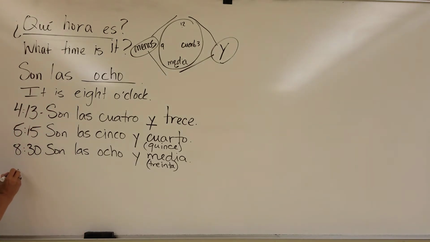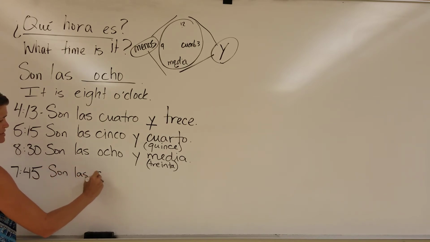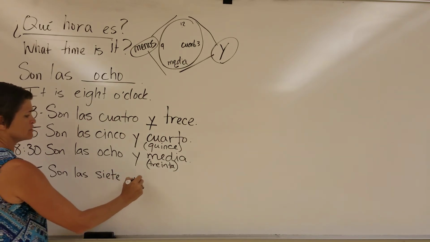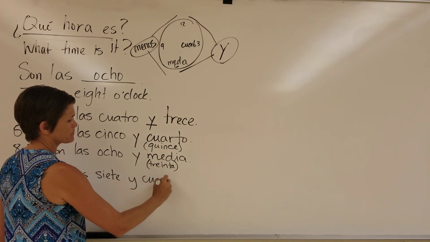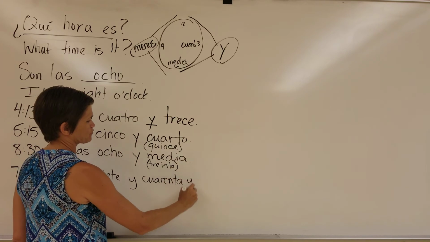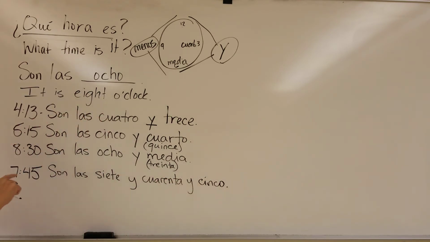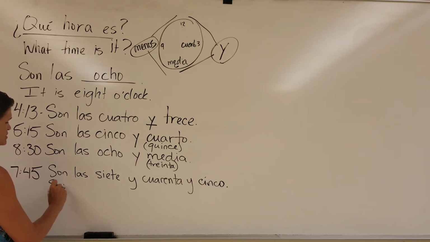So if it was 7:45, I have some options. I could still say son las siete y cuarenta y cinco. I have that option to just say and 45, but it's very common instead for them to subtract.